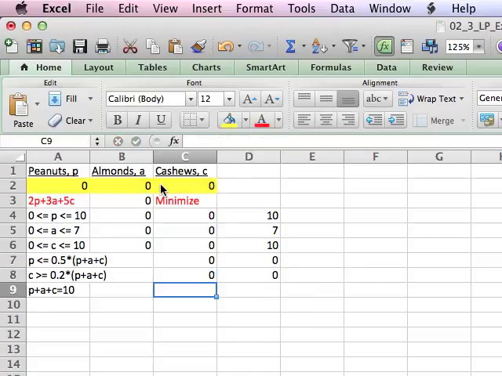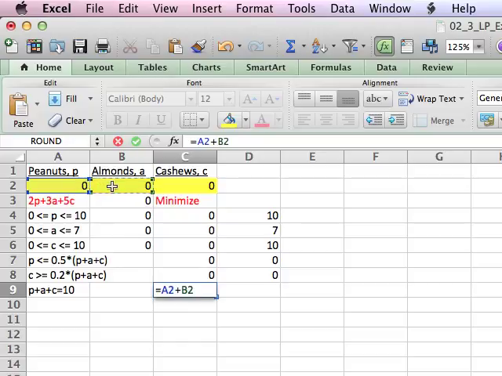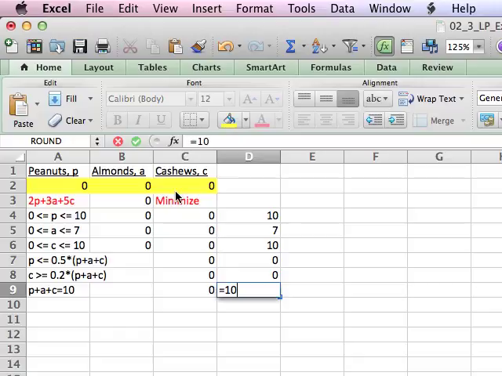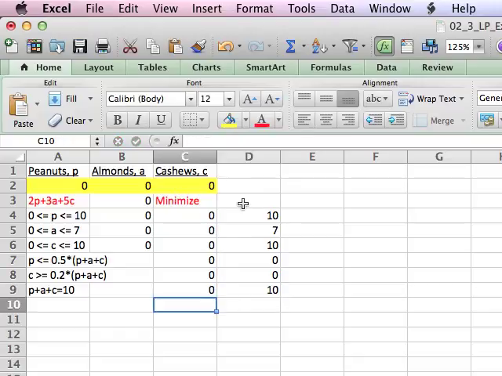Enter. And then for this one, I still want my variable expression on the left to be in this column, so I'm going to type in the P plus A plus C. And then this time I do have a constant value of 10 on the right. So I've switched things up a little bit.